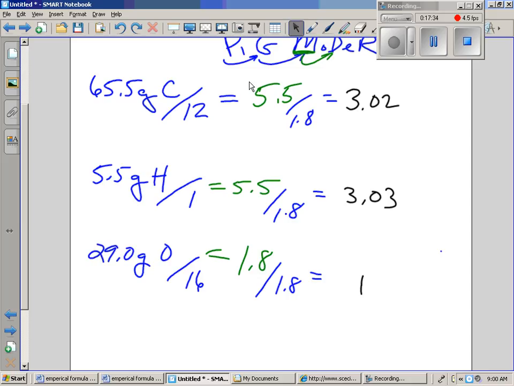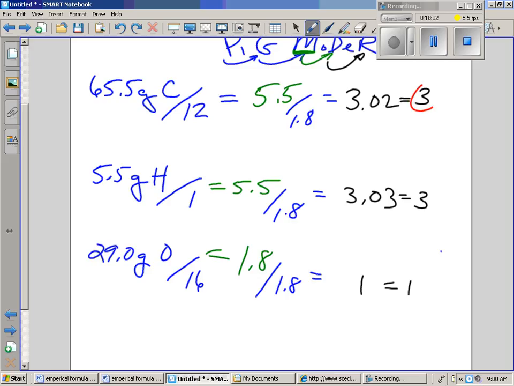Am I done? No. I have the R left. I have to round to the nearest half, or a whole number. 3.02 is closest to 3 or 3.5. It's 3. 3.03 is 3. And then 1 is just 1. Here is what it's telling us.